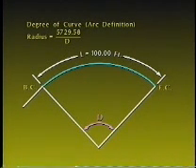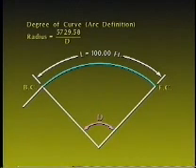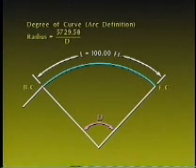It is identified as D, or degree of curve, by arc definition. Degree of curve expressed by arc definition can be converted to a radius distance by the formula shown on the graphic, 5729.58 divided by degree of curve. D is always expressed in degrees and decimals of degrees when used in this operation.